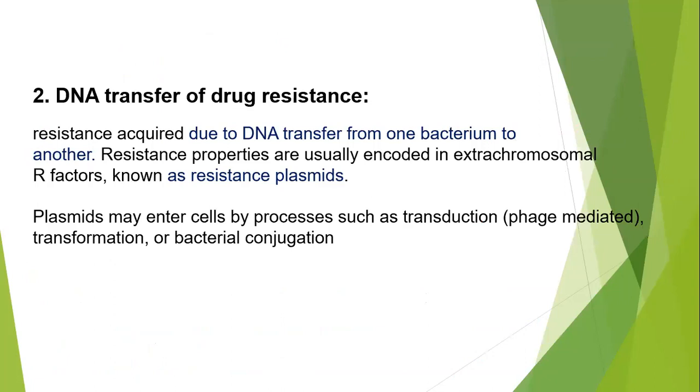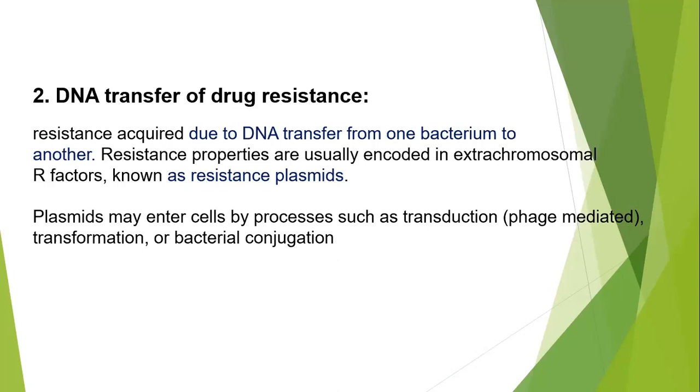DNA transfer of drug resistance اللي هي الحالة الثانية اللي هي تابعة للgenetic alteration in addition to spontaneous mutation. Resistance acquired due to DNA transfer from one bacterium to another. راح يصير انتقال DNA من بكتيريا إلى بكتيريا أخرى، ينتج عنها resistance.